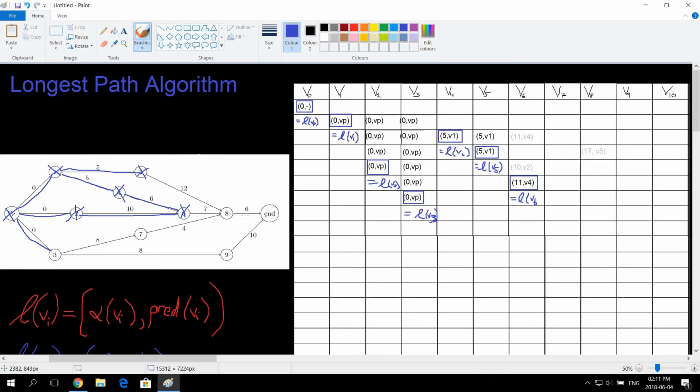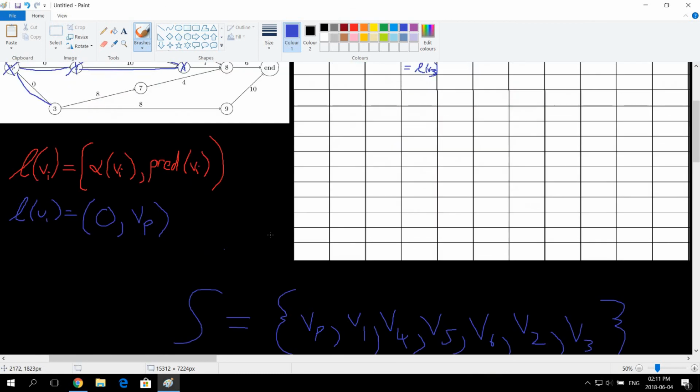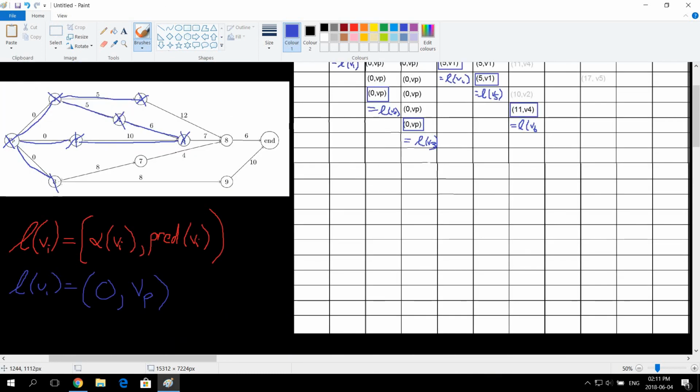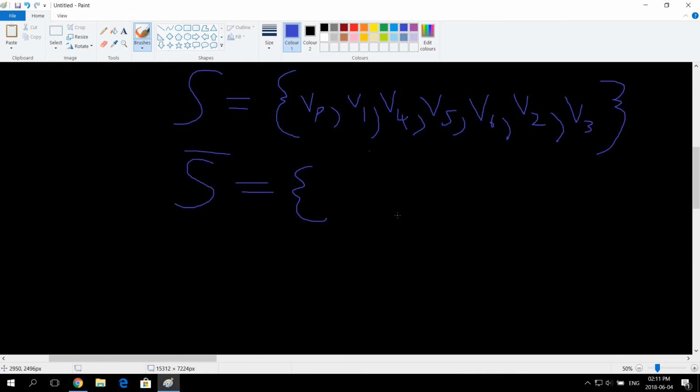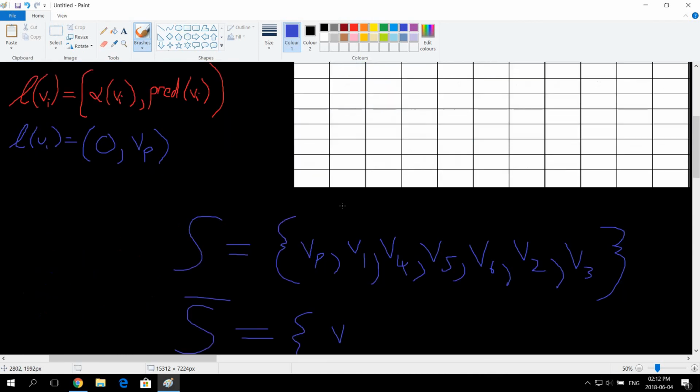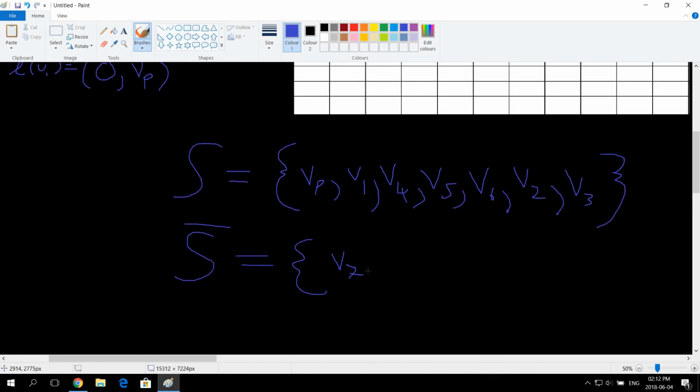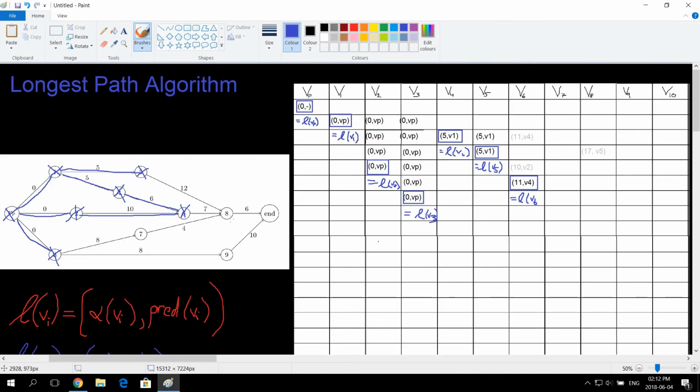And then obviously all the things that are not in will make up the graph with the non-permanent labels. So these are temporary labels because they haven't got labels yet.